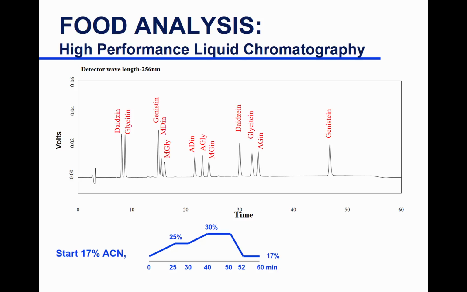After 35 minutes, you increase the... After what? Tell me in time. Yeah, 35 minutes. After 35 minutes, what would I do? To increase the mobile phase concentration. Which concentration would I increase?